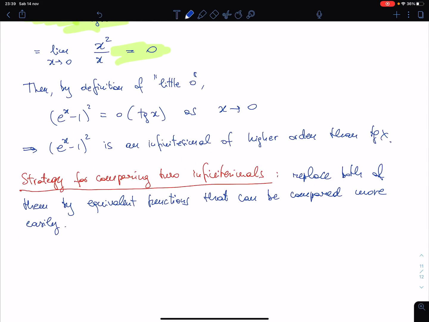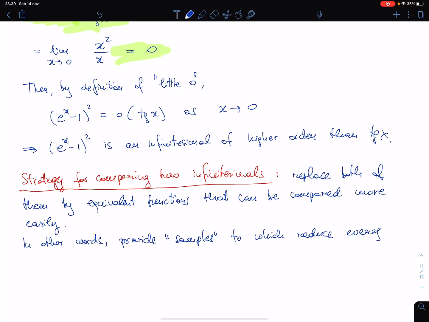So, in other words, provide samples to which we reduce every infinitesimal.